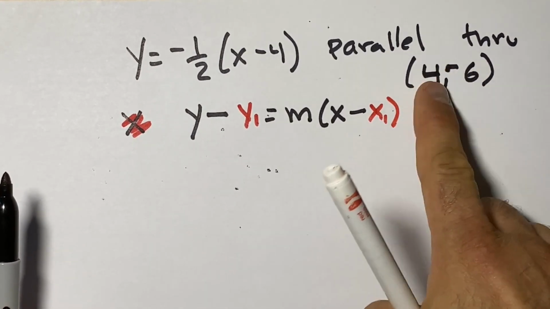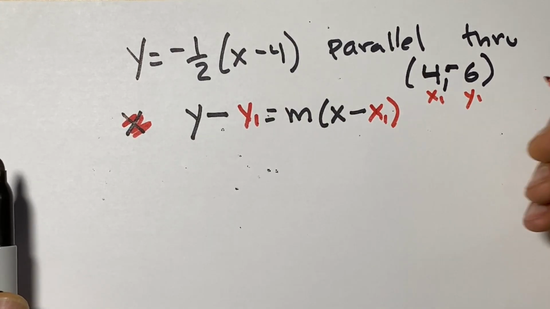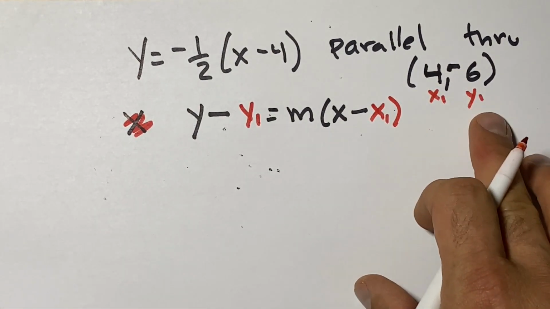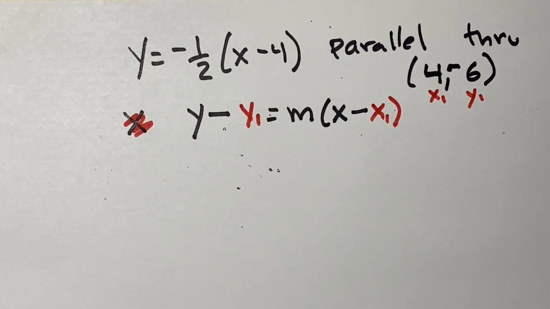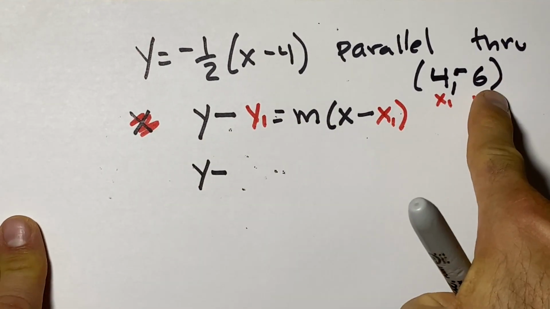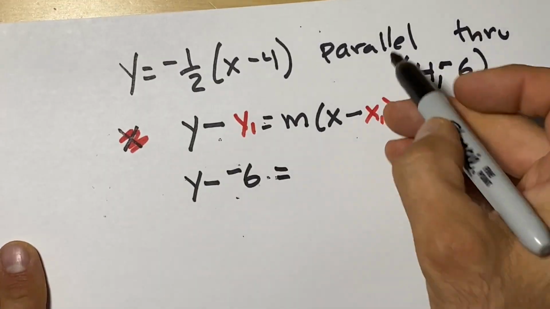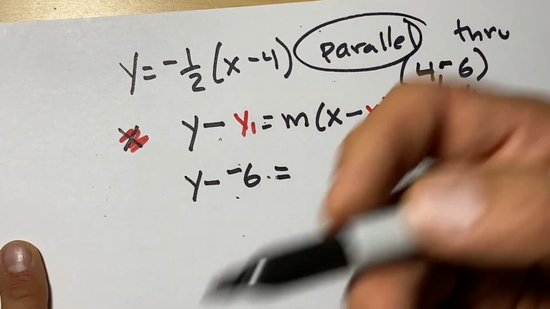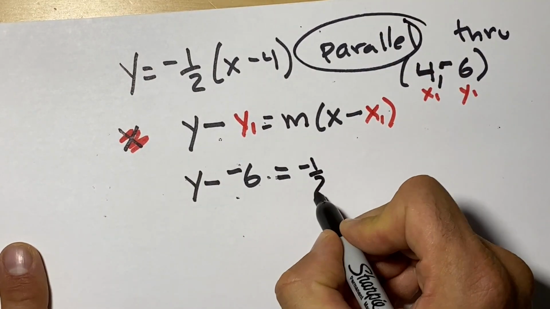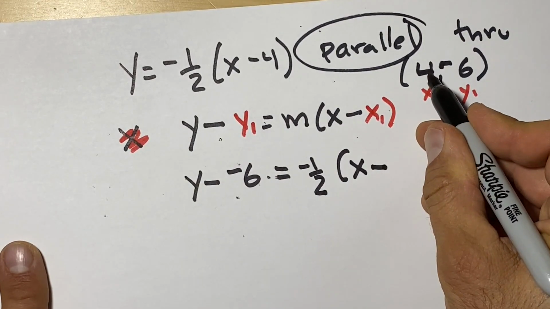So our new x and y point, we call it x1 and y1. So once again, y minus our y point, so it's a -6, equals a parallel slope is the same. So we do the same slope, x minus the x point, 4.